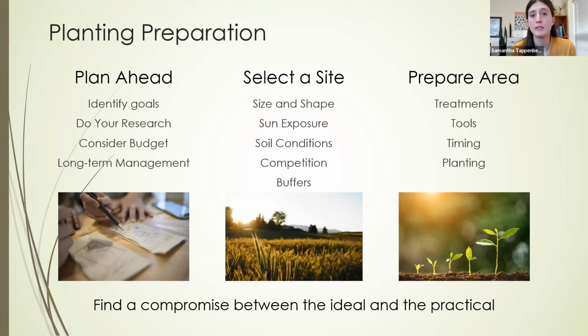Where are your prevailing winds coming from? Draw it on a map. Are there areas of erosion on your property? Or if you have water flowing through your property, is there any eroding stream bank or any goals that you have specific to habitat adjacent to those water features? So all of those things, I find it helpful to just sketch out on paper.